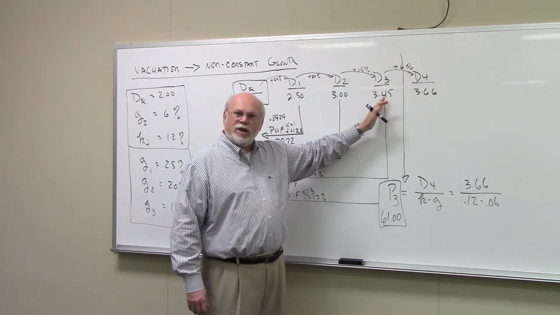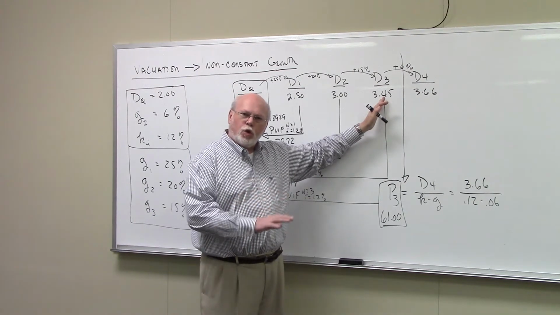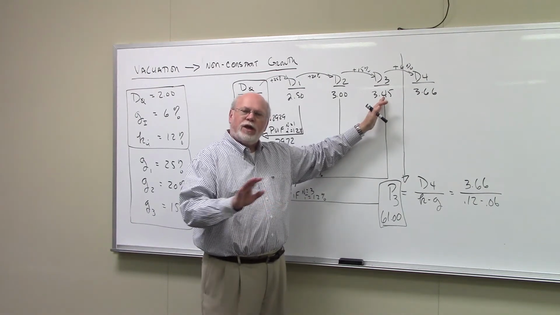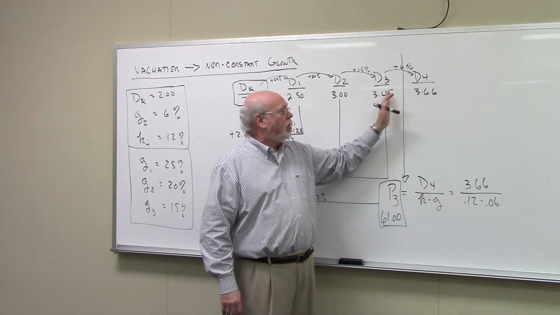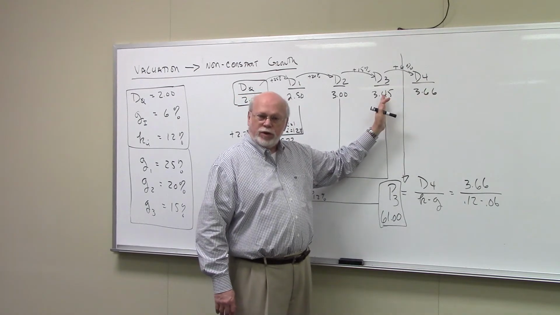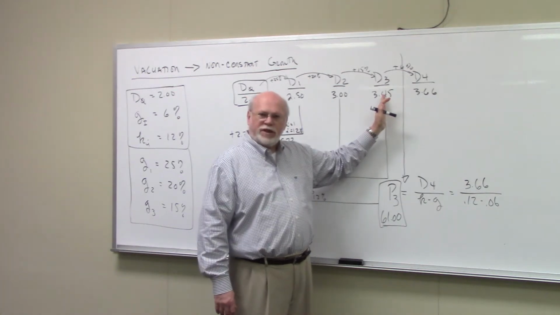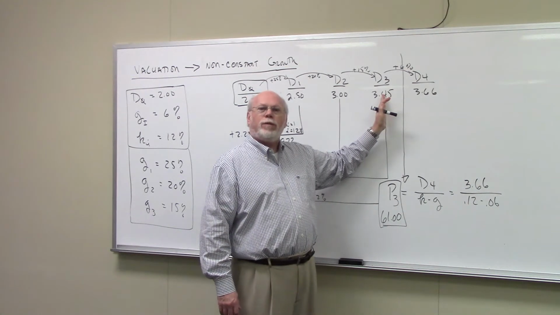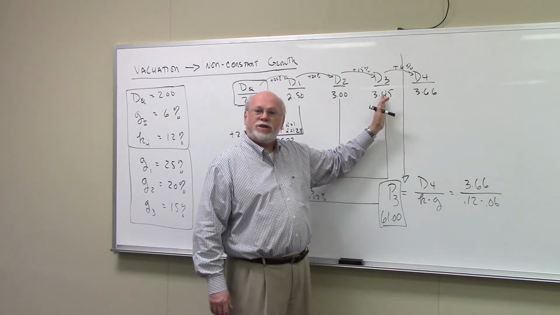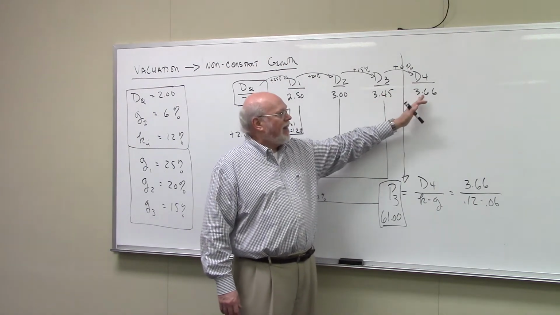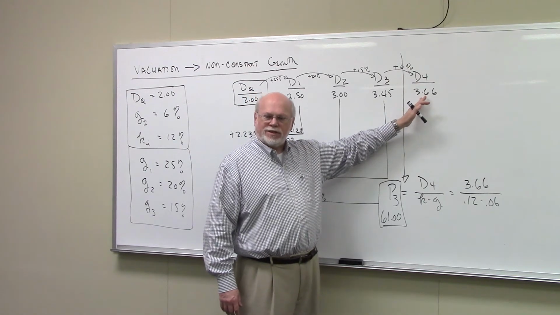After that, we expect the company to return to its normal historical growth pattern of 6% per year. So when we get D4, we come off a base of D3, $3.45, and multiply by 1 plus the growth rate we expect after time period 3, which is 6%. And that gets us $3.66.